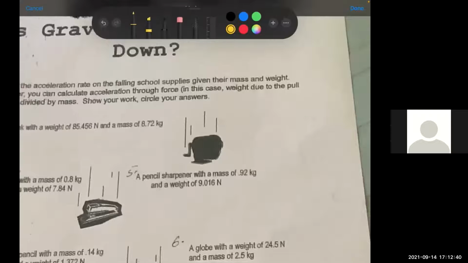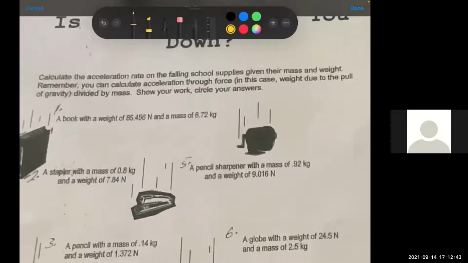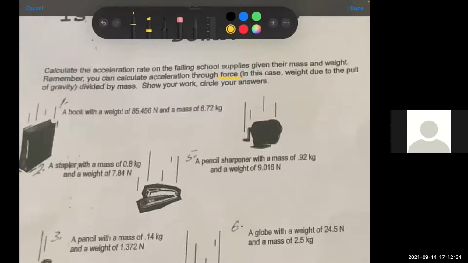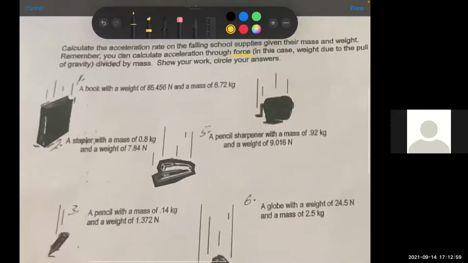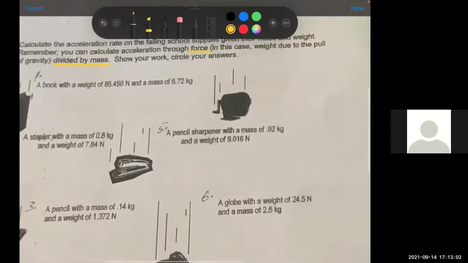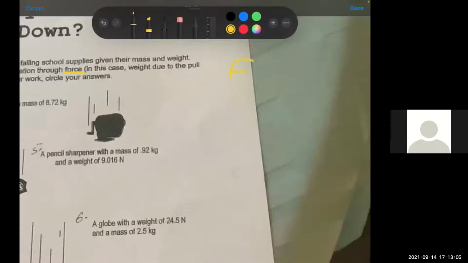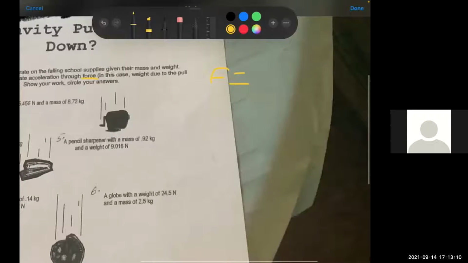So the force is due to the pull of gravity acting on the mass.